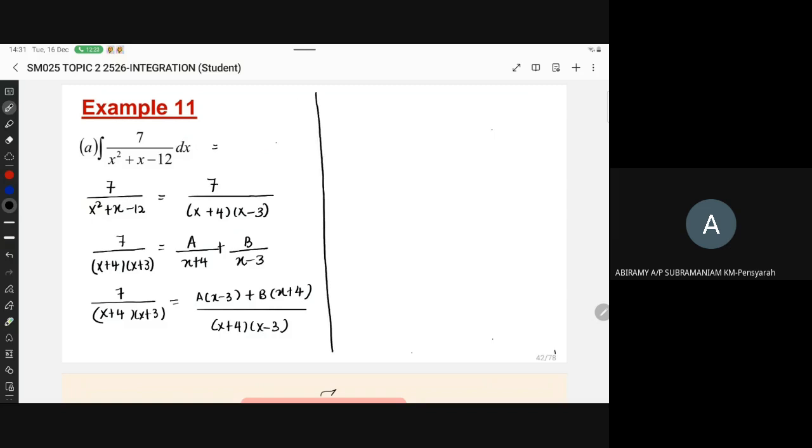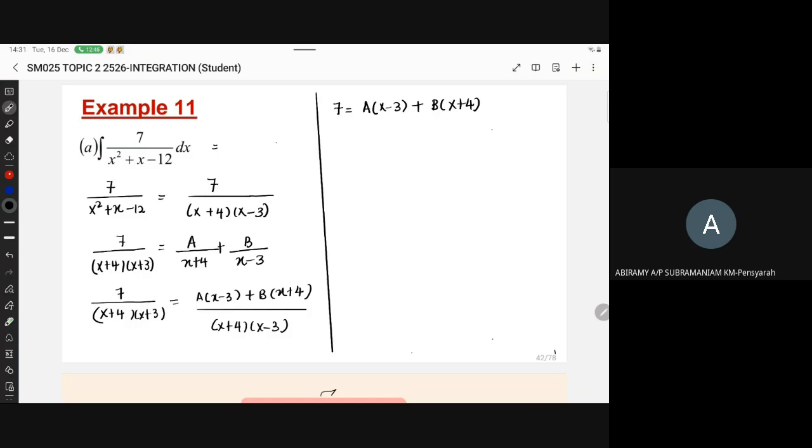Now we are going to find the values of A and B by equating the numerators. We can equate the numerators because the denominators are the same. So 7 equals A multiplied by (x minus 3) plus B multiplied by (x plus 4).